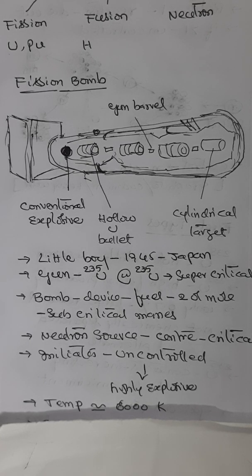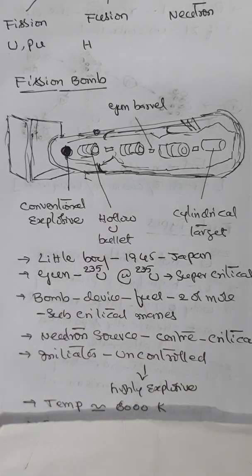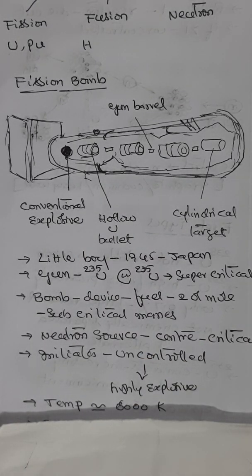The neutron source is placed at the center of the critical mass and initiates the reaction, which is uncontrolled, and therefore highly explosive and destructive.